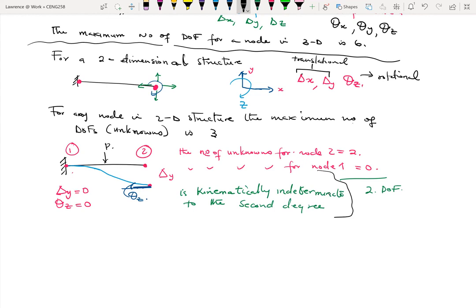So it is kinematically indeterminate to the second degree. It simply means that we have 2 unknown displacements we need to find before we can find our reactions.